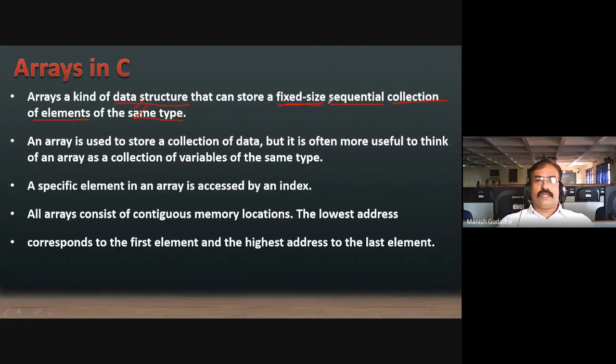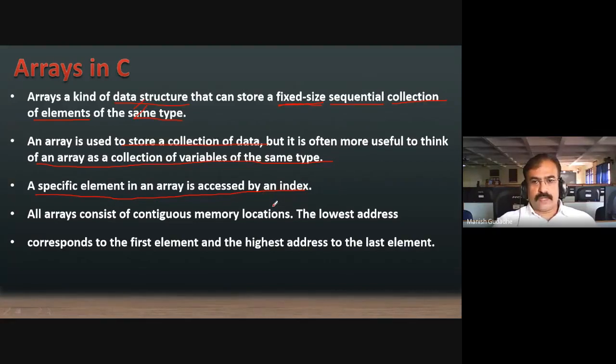So the array is used to store the collection of data, but it is often more useful to think that array is a collection of variables of the same type. Yes, it permits us to store the collection of data, but more important is that it is collecting data of the same type, and a specific element of an array is addressed by an index.